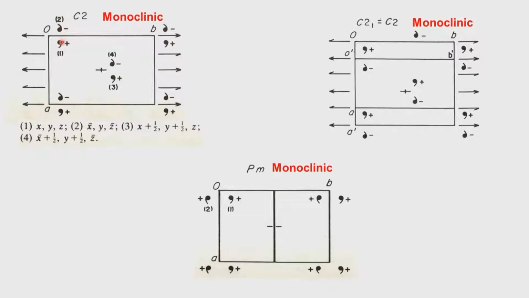The moment we have the C-centered lattice, we generate this object at half plus x and half plus y, because it is C-centered. The moment we say C-centered, the x and y will be adding half and half. If we say A-centered, we will be adding y and z half and half. So, in this particular case of C-centering, we add half and half to x and y.